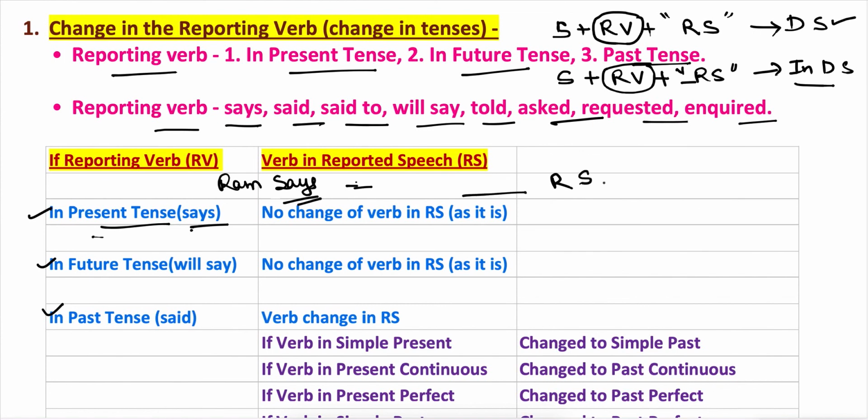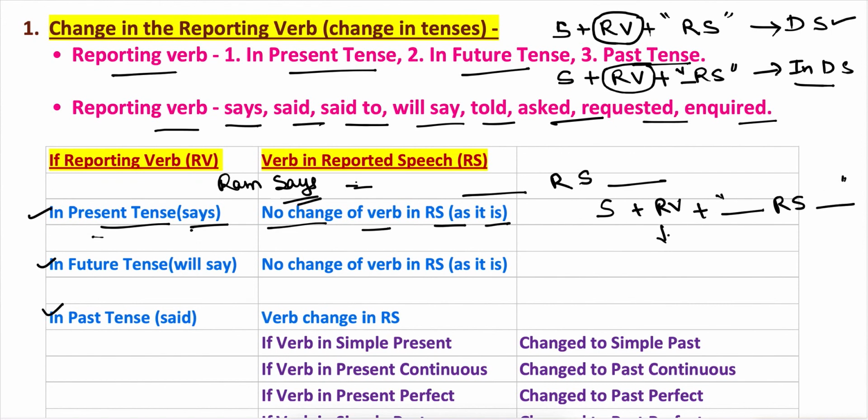How will we convert this sentence into the indirect form? When the reporting verb is in present tense, there will be no change of verb in the reported speech. So this is speaker, reporting verb, and reported speech.